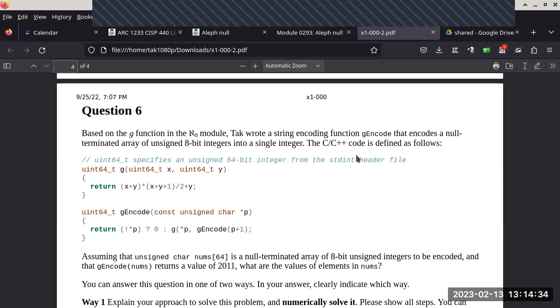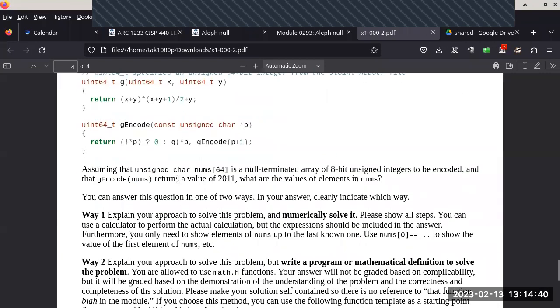All right. So let's read the rest of the question. It's too early to panic. Assuming the unsigned char nums 64 is a null terminated array of 8-bit unsigned integers to be encoded, and gencode nums returns a value of 2011, what are the values of the elements in nums? So this is telling you what the question is really asking.